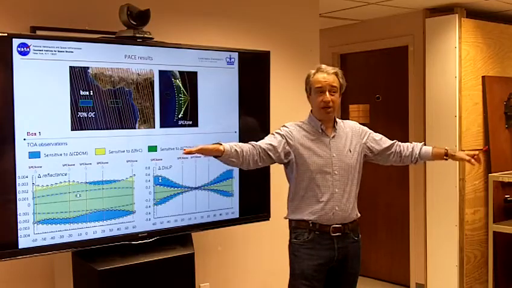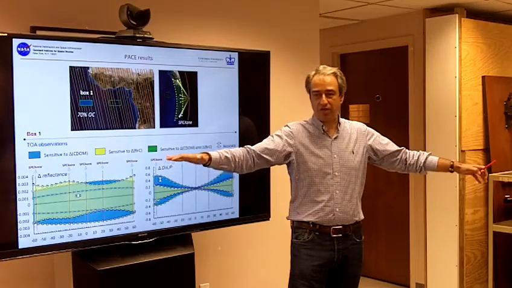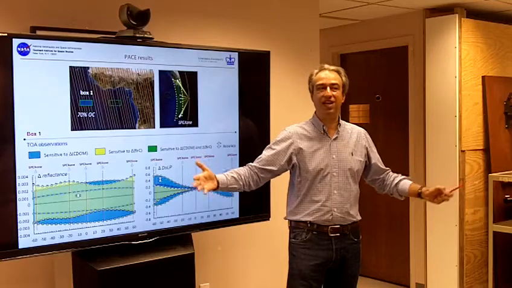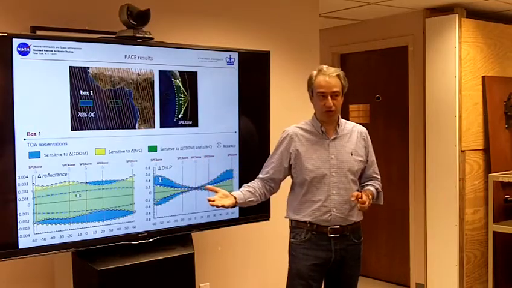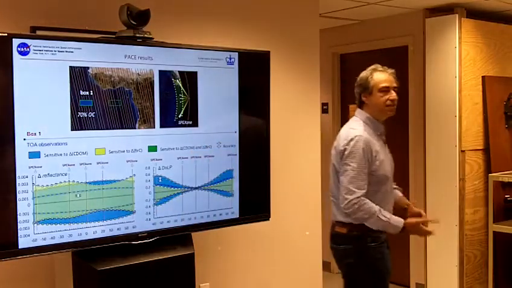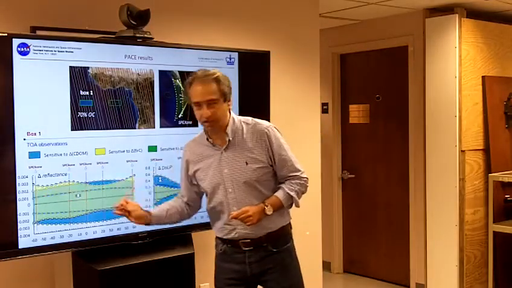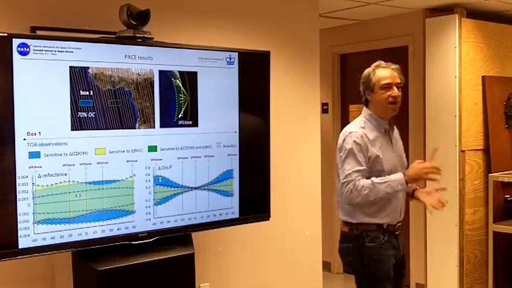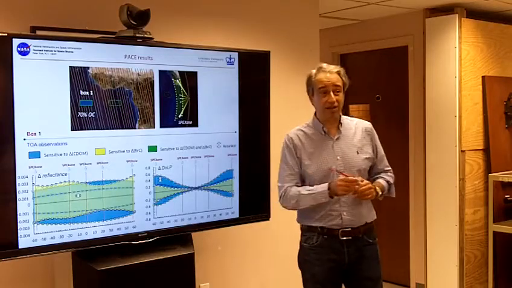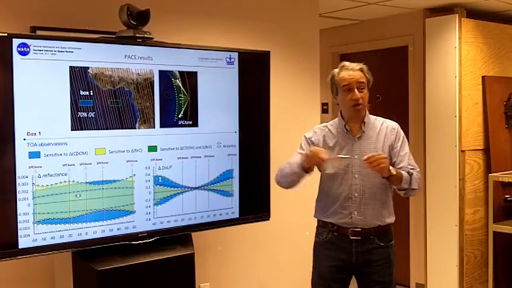If you are totally at the horizon, you would see almost no water leaving radiance at all. It just doesn't escape out of the ocean. So as you go towards the larger viewing angles, less light is coming out of the ocean. At the same time, the air mass becomes larger. The path that the light goes through the atmosphere becomes larger for larger viewing angles.